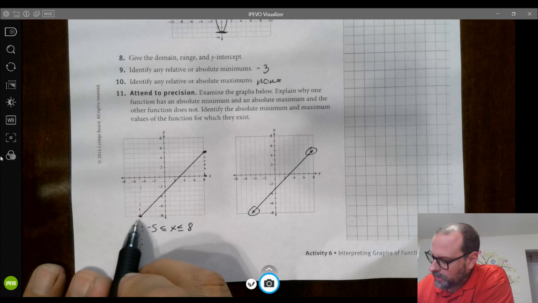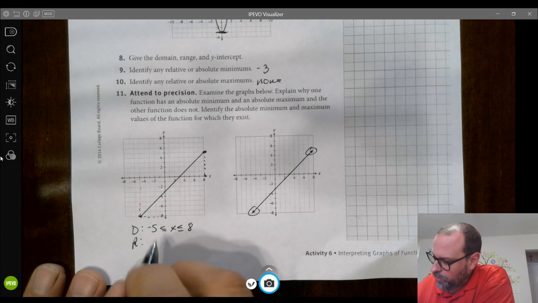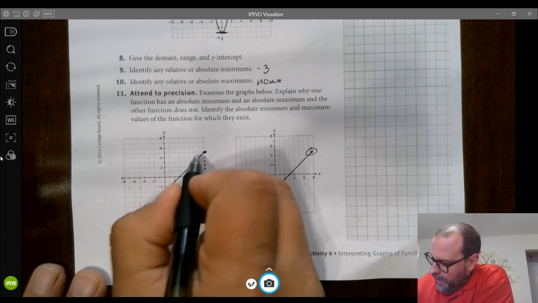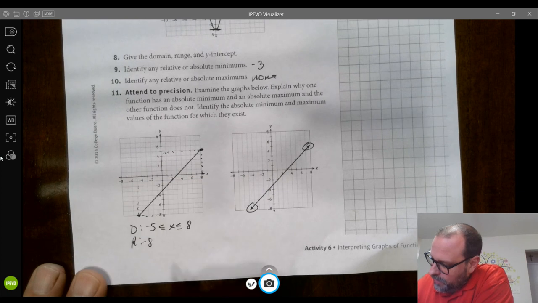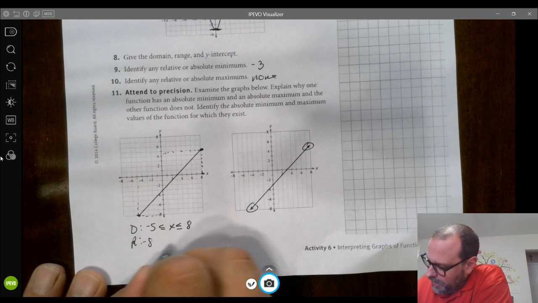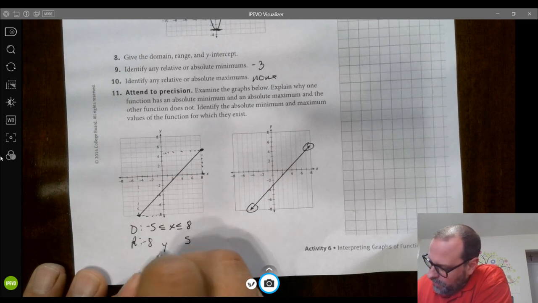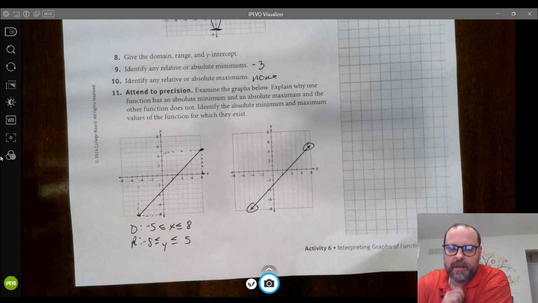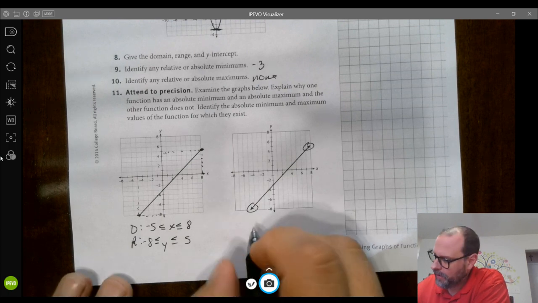The range, same idea here. I have a low point and I have a high point, or a max and a min, in this case -8 and 5. Because it's the range, I have y values, so I put y in the middle. -8 is less than or equal to y is less than or equal to 5.